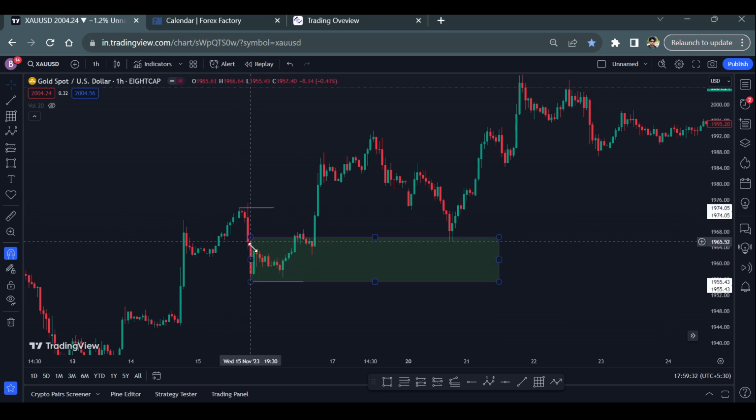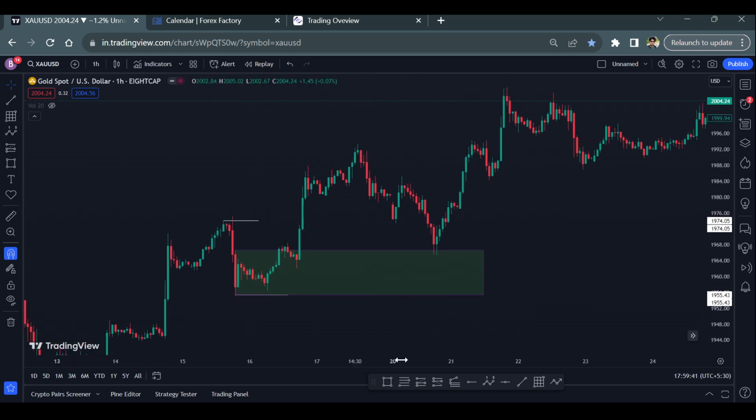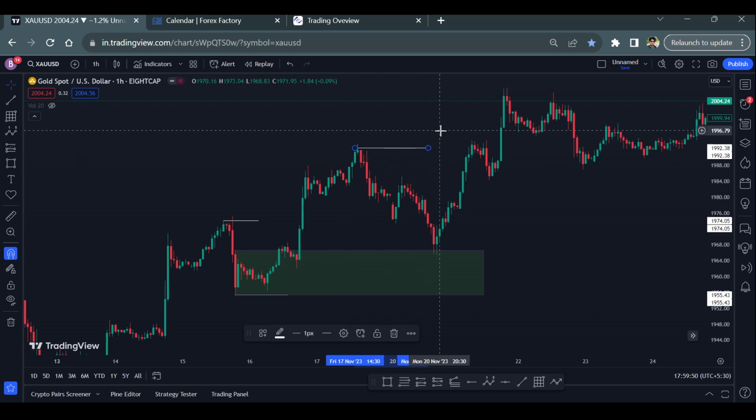So the demand, what we call here, is the zone of this red candle fully. If you mark it, it will create a demand. We will be looking for the retracement to come into our zone and give us an entry, then we will take the trade. So this was our high.